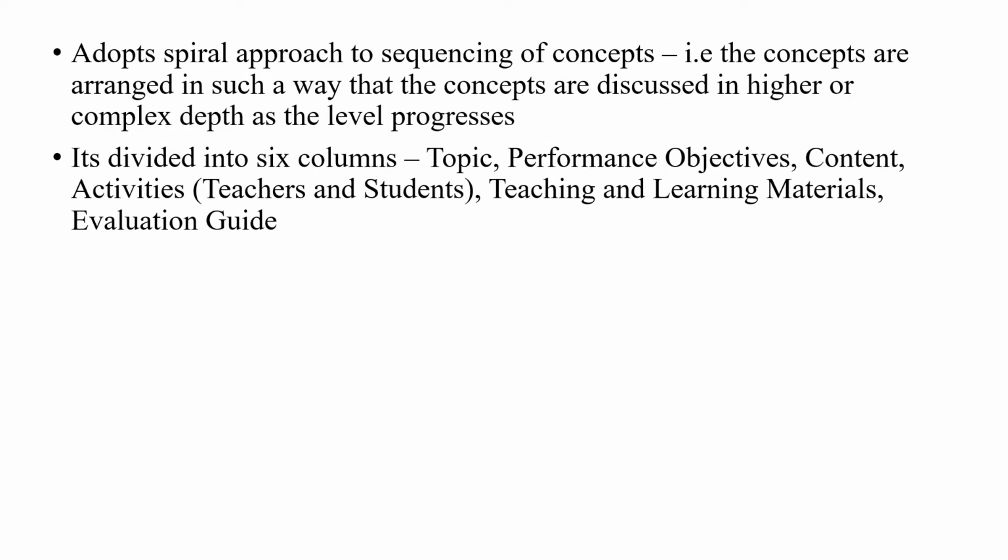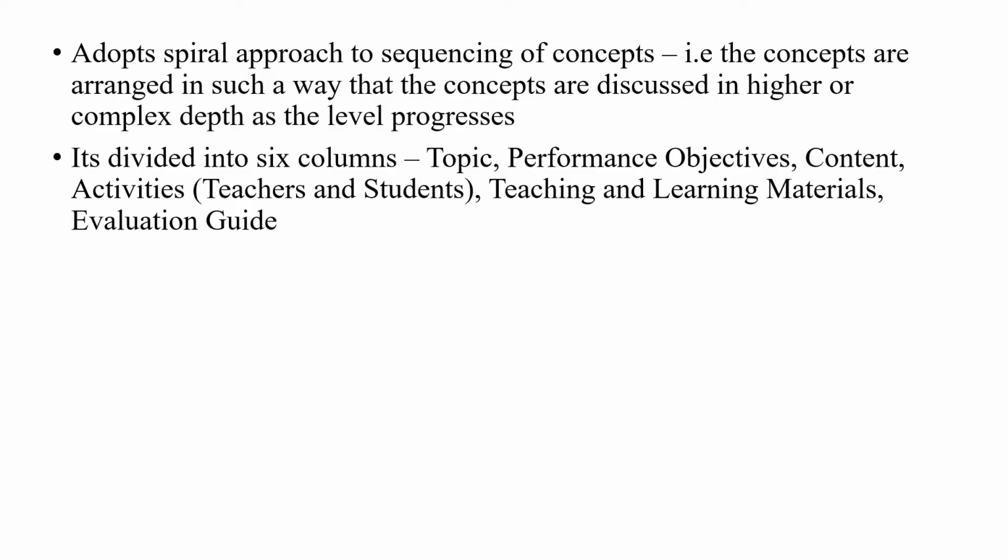The curriculum uses a spiral approach in sequencing the concepts. That is, the concepts are arranged in such a way that they are discussed in higher or more complex depths as the level progresses.